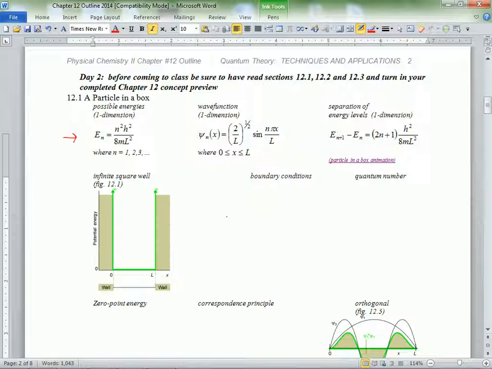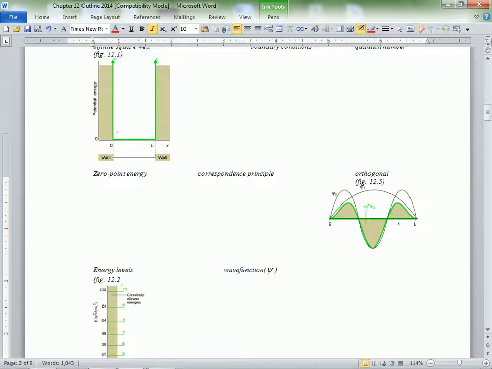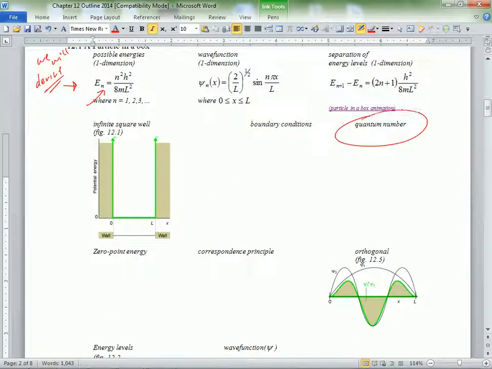So, particle in a box. I jumped down there because we're going to derive that in our little handout at the end. Already they're introducing little n, the descriptor of the state. We're supposed to call these quantum numbers.